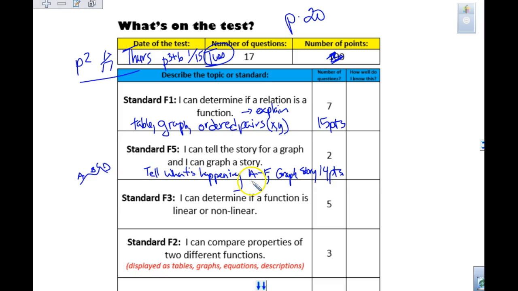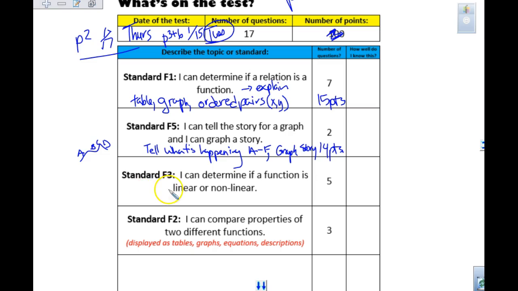The next one is, I can determine if a function is linear or nonlinear. This is where I had some of you on the E7 project that we did, and when it was nonlinear, you said that there was a pattern. There's a couple people that said everything was linear, because besides constant addition, there was a pattern.